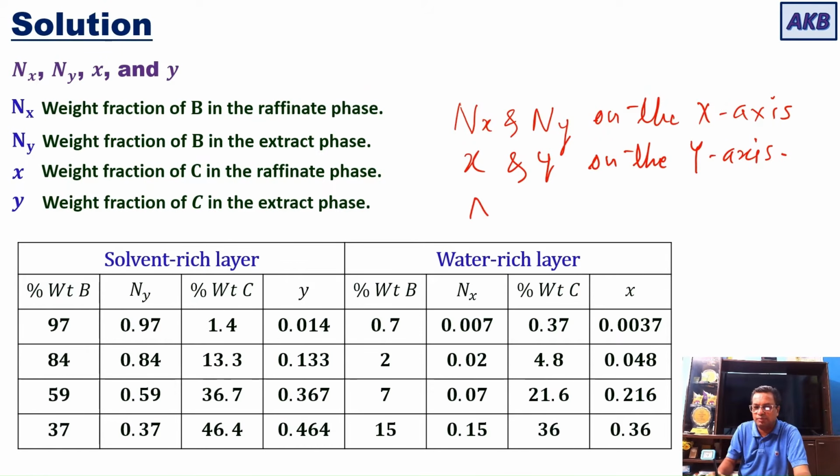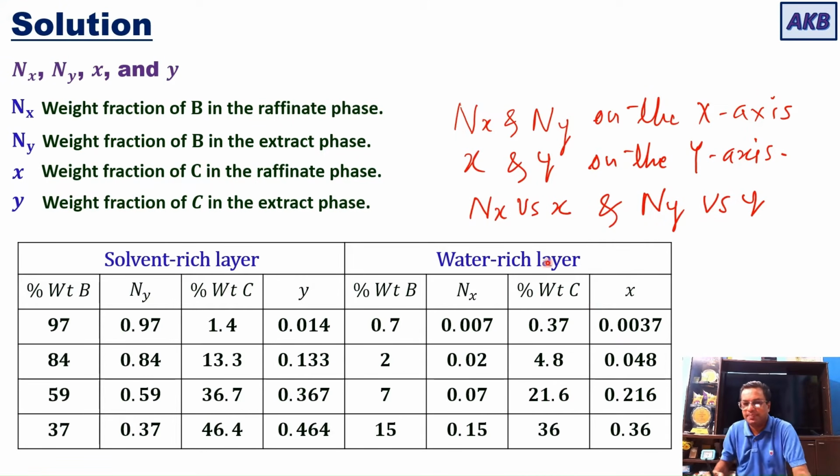So you are plotting Nx versus the corresponding x values, that is Nx versus x, and then you are plotting Ny versus y. So Ny is plotted against y, and Nx is plotted against x.